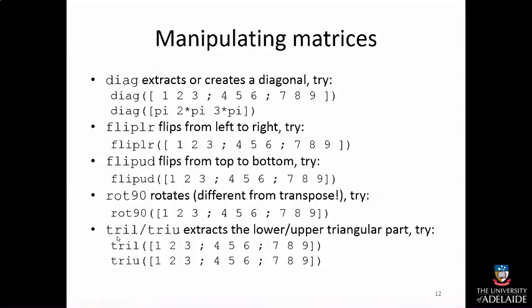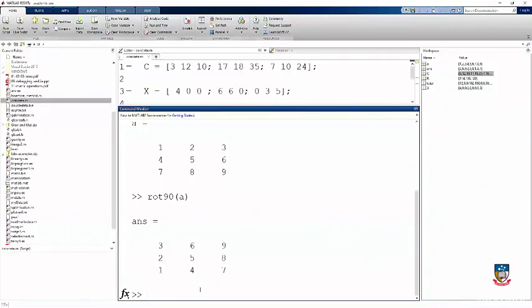The next one is tri L and tri U. So this extracts the lower and upper triangular part of a matrix. I'll tell you what those are. Now this is a lower triangular matrix, right?